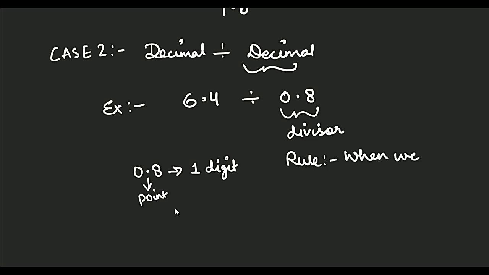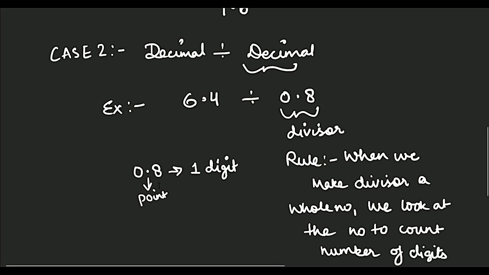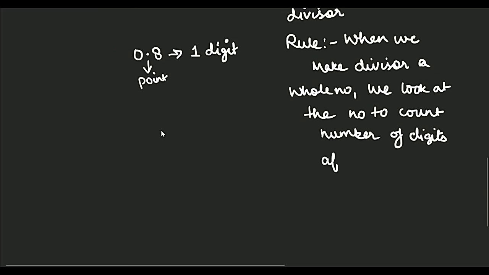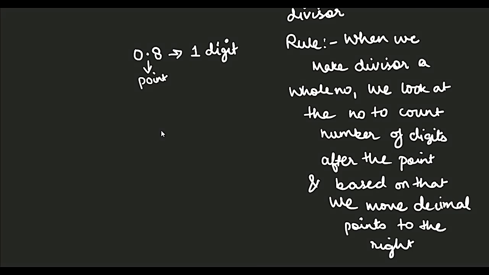When we make the divisor a whole number, we look at the number to count the number of digits after the point, and based on that we move the decimal point to the right.